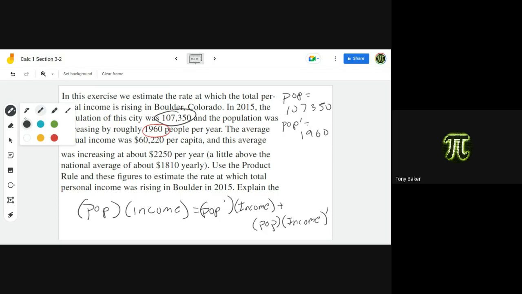Everybody understand where I got those two numbers? Do you understand the connection between those and the product rule? We're looking for what our population is, and we're looking for what it changes. The change is my derivative. So now what about income? Right, 60,220. And what's it changing by? So that is my derivative.